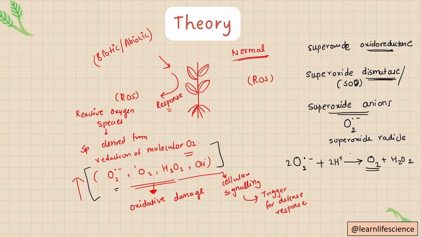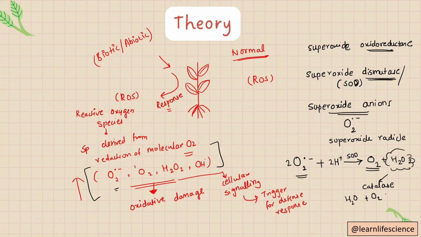What is happening here is that the superoxide dismutase is neutralizing the radicals which are generated by the plant in response. Further, this hydrogen peroxide is targeted by different enzymes, for example catalase. Catalase is an enzyme which targets this hydrogen peroxide and splits it into water and oxygen molecule.